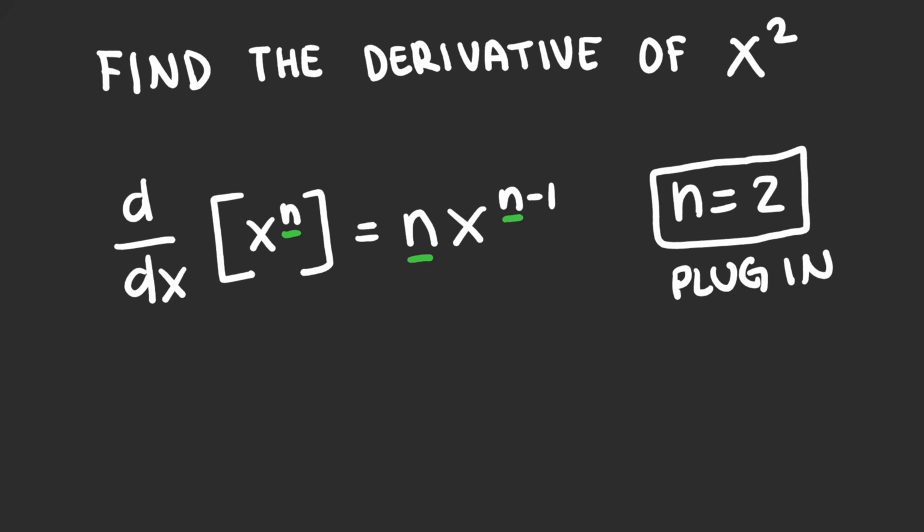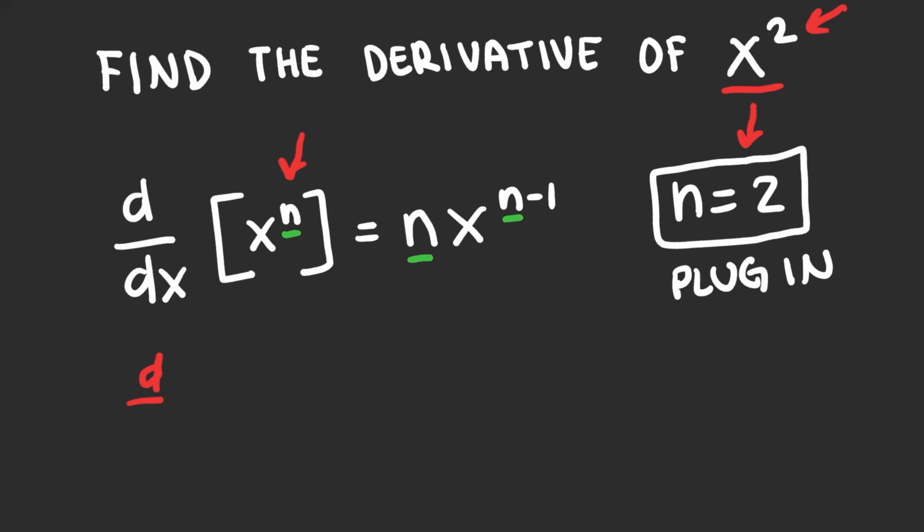For this next example, we need to find the derivative of x squared. Okay, so remember, our first step is to figure out what the n is. The n will always be the power, which in this case is 2. So if n equals 2, let's just plug in 2 anywhere we see an n.